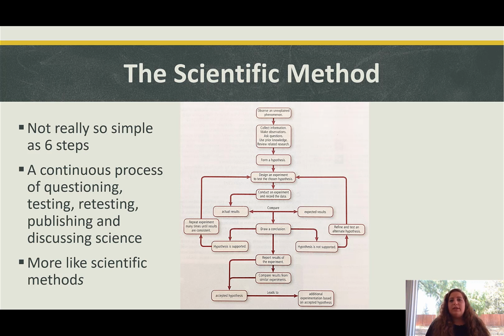I can complete an experiment and send my results in to another scientist and they can say, that's great, but what about this other aspect of science that you didn't think about? That doesn't really fit in with what you've discovered. Or maybe what you discovered helps answer this other part of science that we've been confused about. It's a continuous living process that we move forward and backward and we jump levels. It's not quite so I do step 1, then step 2, and then move on.